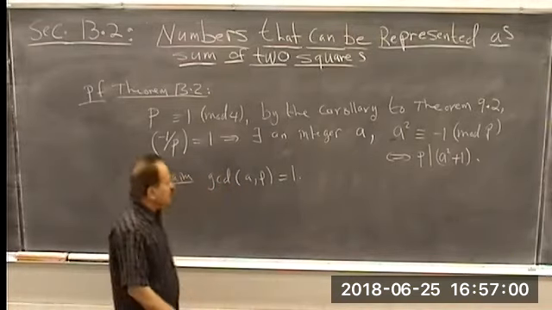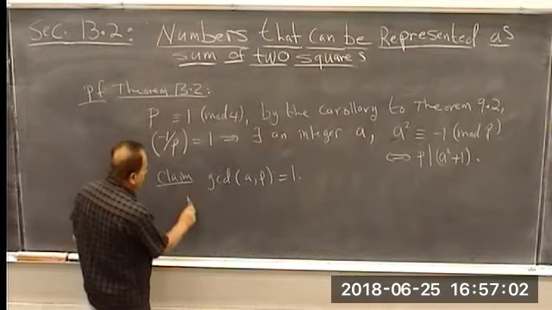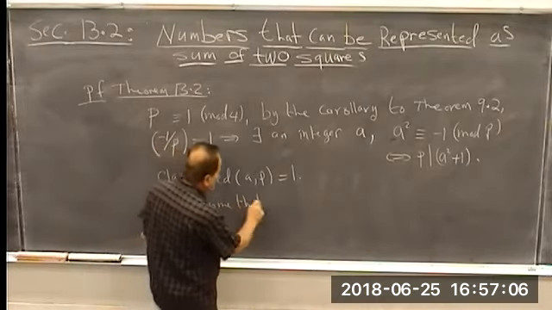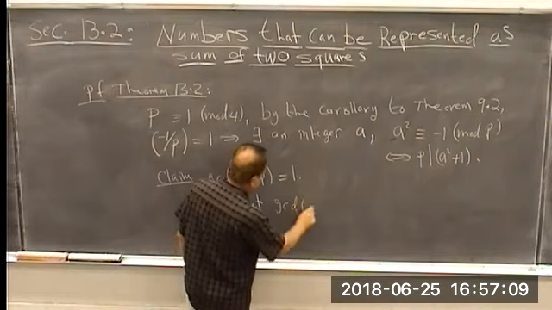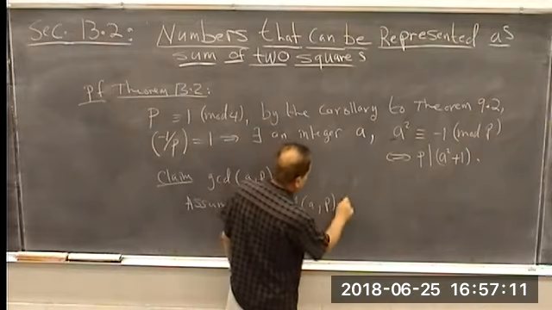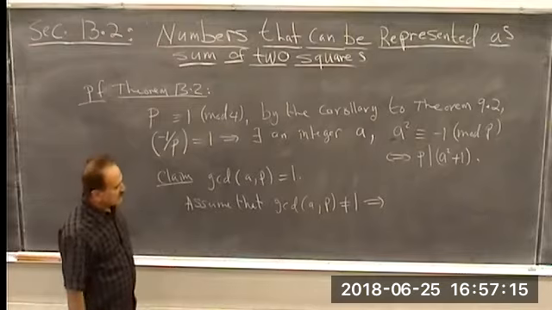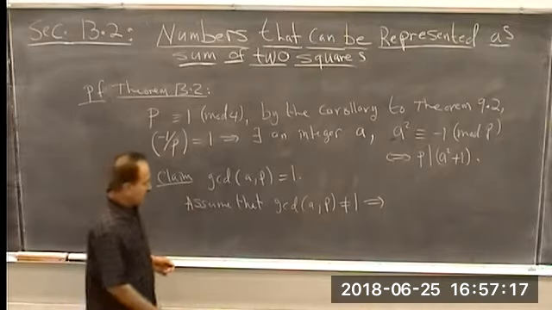Now, let's assume it's not. Well, the only other value this greatest common divisor can have is p, because p is a prime.